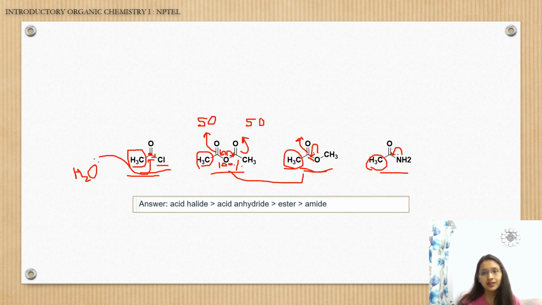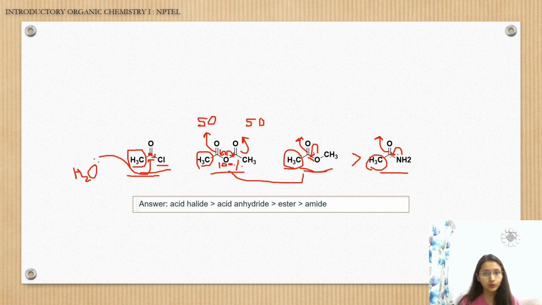So we have a partial double bond character between the C and N bond. That is why, because of the higher donation than oxygen, amide will be the least reactive. Why? Because now the electropositivity is way less than these three compounds. So it is least. The electropositivity of this carbon is very low.